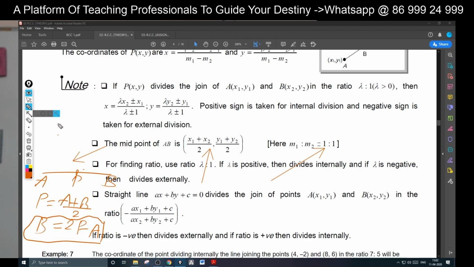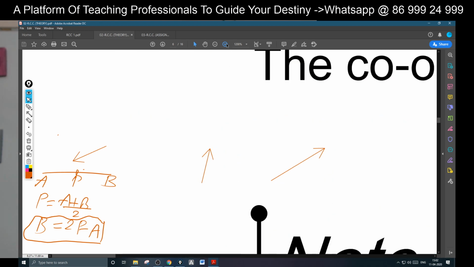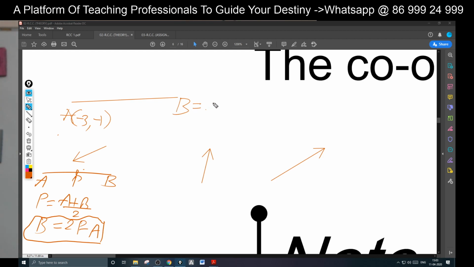So, if I take an example, then you will better understand it. For example, there is a line segment here for which the point A is given to be -3, -1, and B we don't know, and the midpoint M is given to be 5, -7.